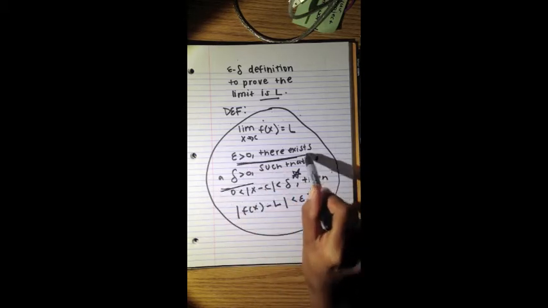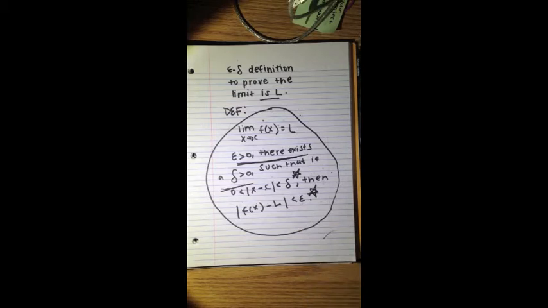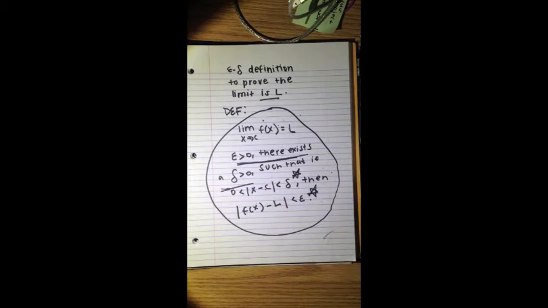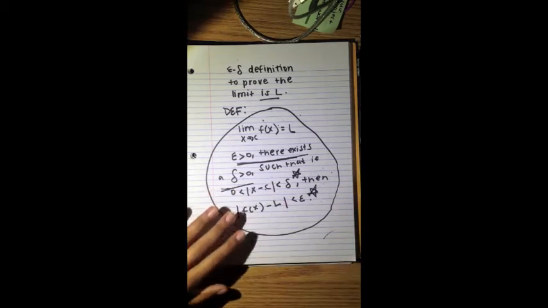This is really important to remember. Now, I'm going to go through an example with you so it makes more sense and you can see how exactly you're going to use these two inequalities, relate them, and use them to prove that the limit is L.